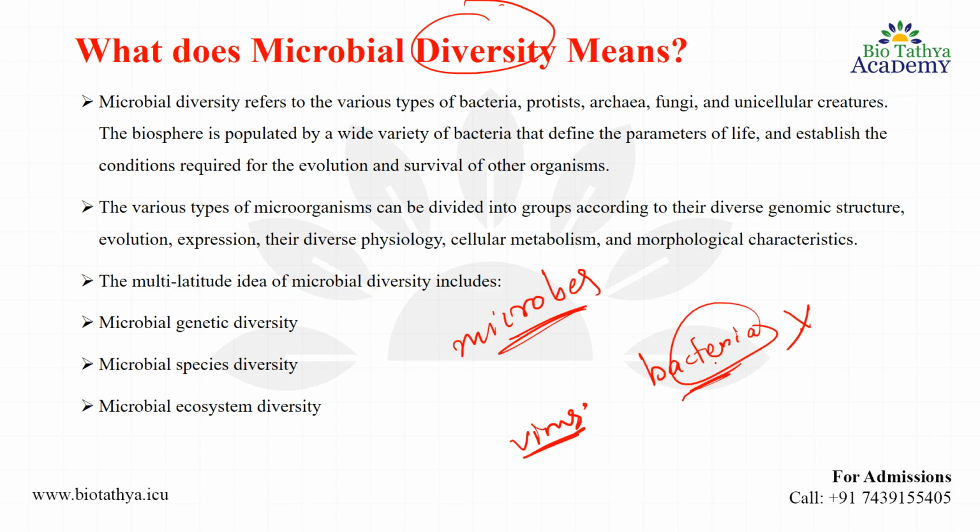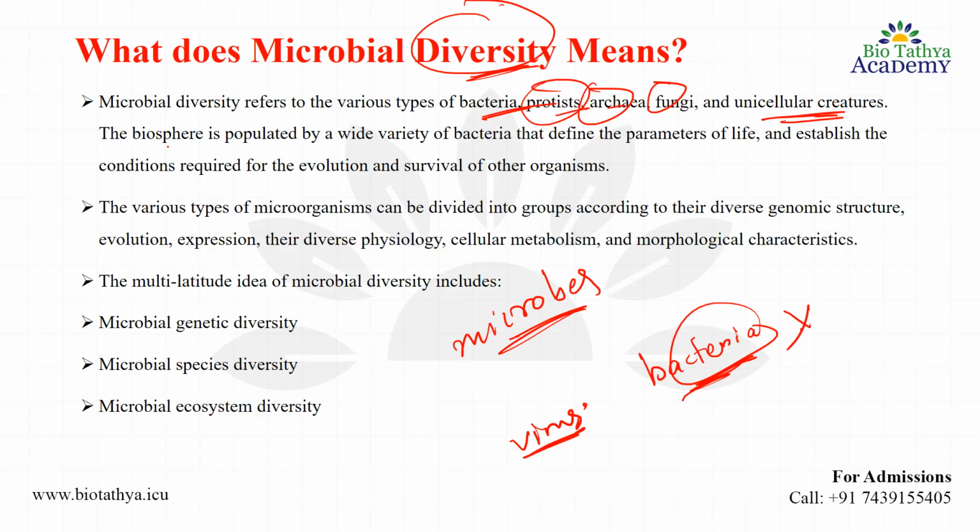Microbes don't only mean bacteria, they consist of protists, archaea, fungi and other unicellular creatures as well. So when we are studying the diversification of these microbes, we have to study what kind of diversification bacteria, protists, archaea and so on have on this earth.